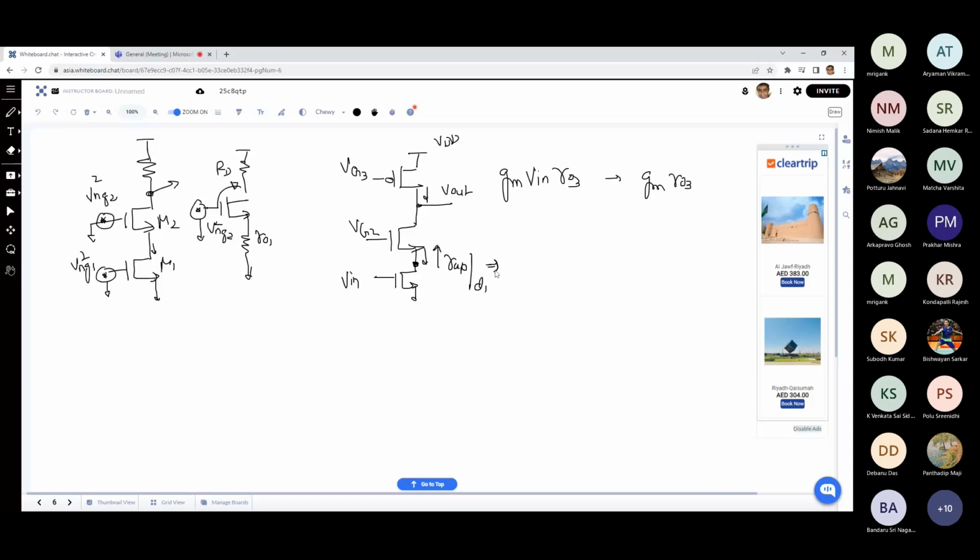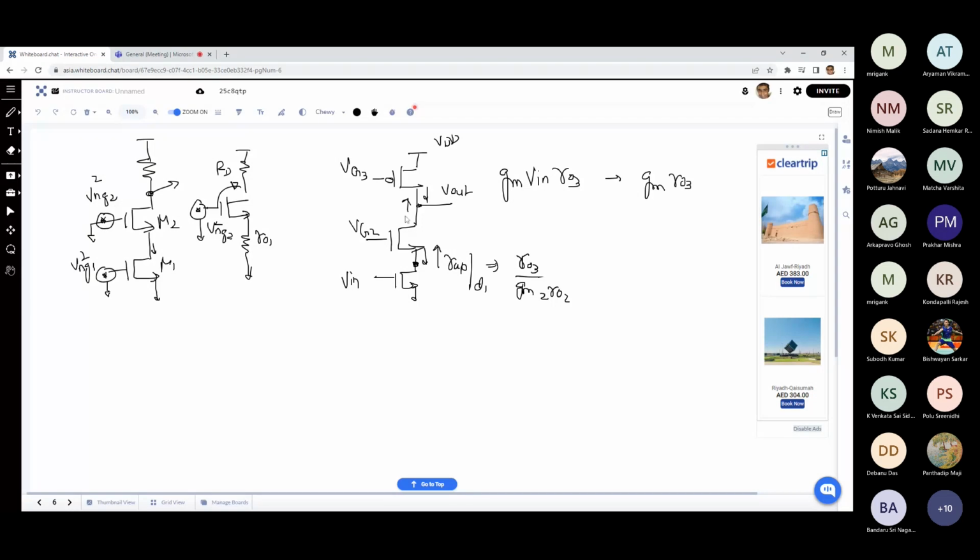We have seen that looking into the source of the MOSFET with an impedance RD at the drain, what is RD in this case? It is RO3. So it will be RO3 upon gm2 RO2, plus 1 upon gm2.